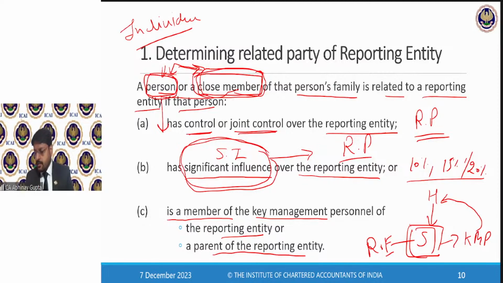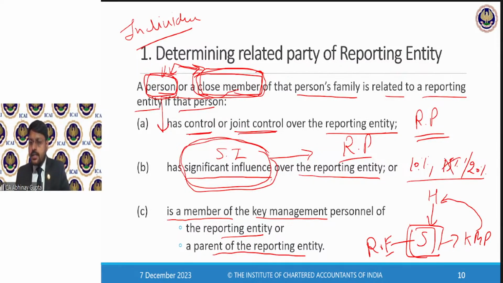Now Manoj is asking how to identify significant influence. Although the standard does not give any threshold, the indicators are all substance based. We can see if there are any decisions in which I participate and which are influenced by my say, then I have significant influence.